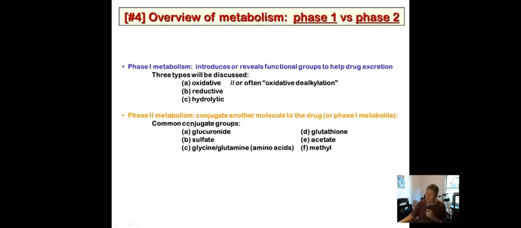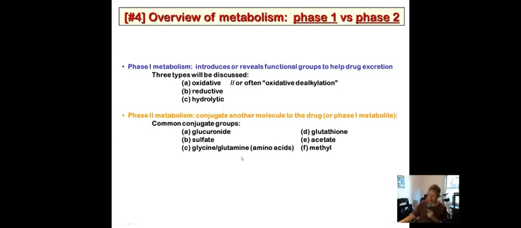And phase 2 metabolism, we will attach different conjugating molecules to our drug to improve its excretion. Glucuronide, which is what we just saw, is the sugar type thing. The actual conjugating molecule is called glucuronic acid. And we can also attach sulfate.